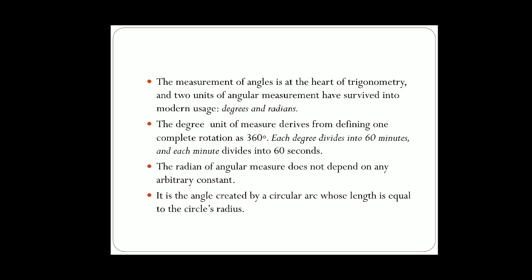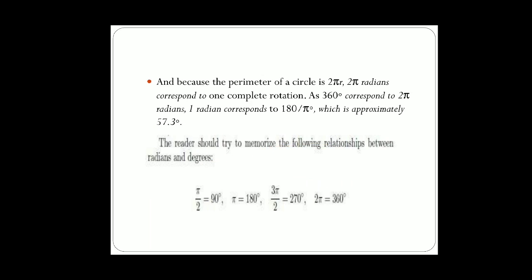Likewise, the radian as an angular measure does not depend on any arbitrary constant. It depends on the angle it provides, the angle created by a circular arc whose length is equal to the radius of the circle. So these are the values we get with the relationship of degrees and radians.